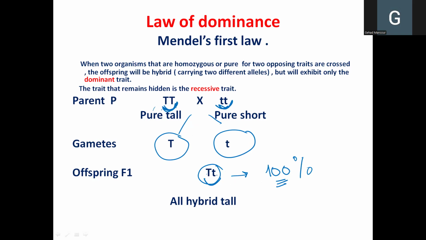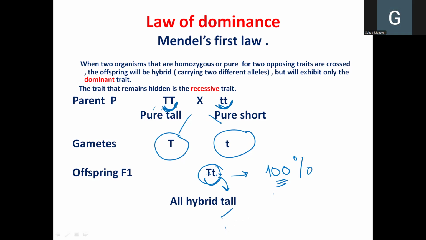Heterozygous means that they have two different alleles, one dominant and one recessive, but why do they all show a similar appearance or a similar phenotype? This is because the dominant allele usually masks the recessive allele by definition on the phenotype.